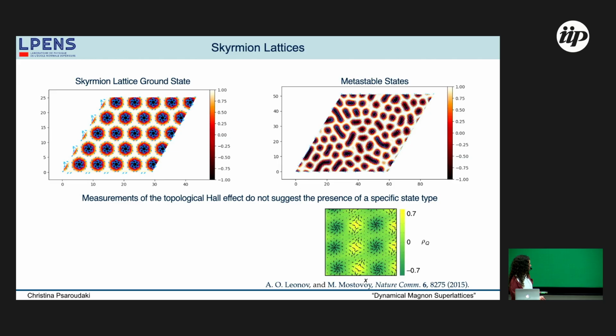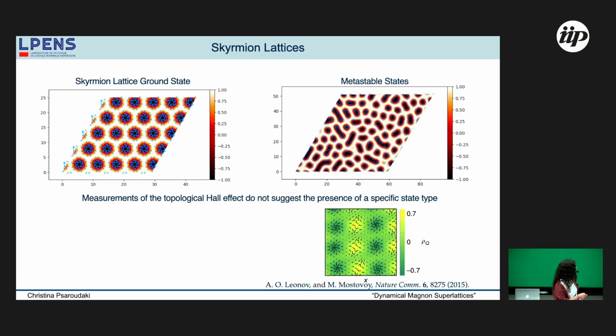For example, it has been pointed out that such a metastable state, where we have skyrmions and anti-skyrmions in this lattice form, can exist at higher energies. And in reality, as a note, the only experiments for those materials are based on the topological Hall effect. So you get a large signal from the topological Hall effect in electron transport, but that large signal doesn't distinguish between this large number of metastable states. So that's a side note.